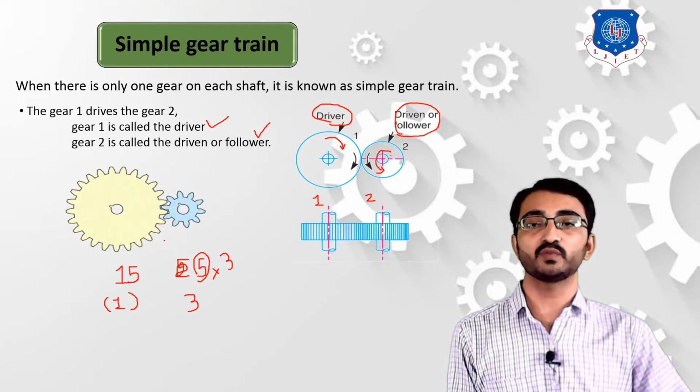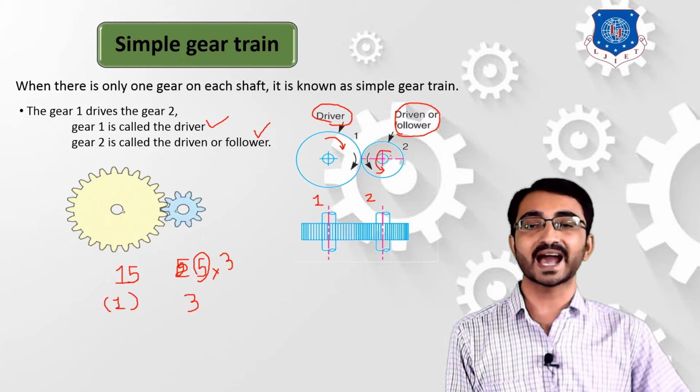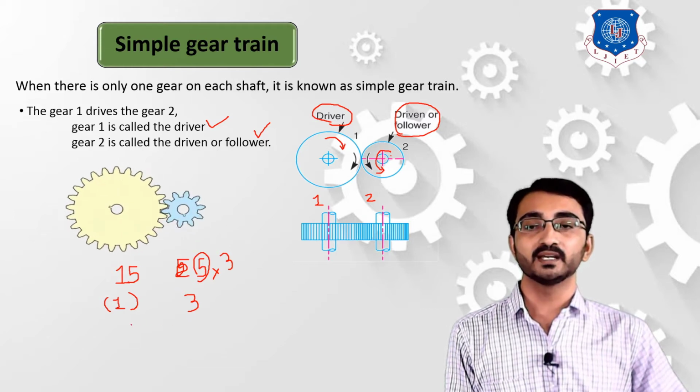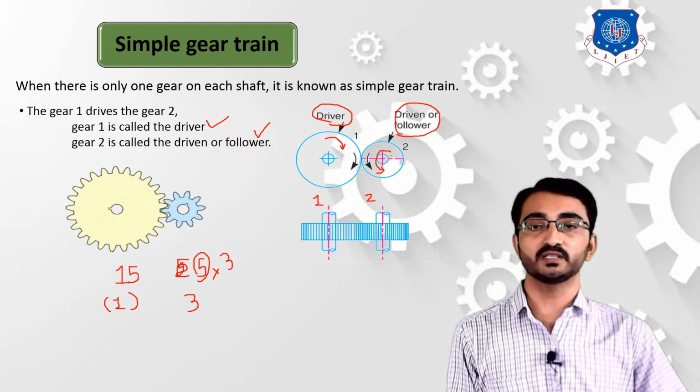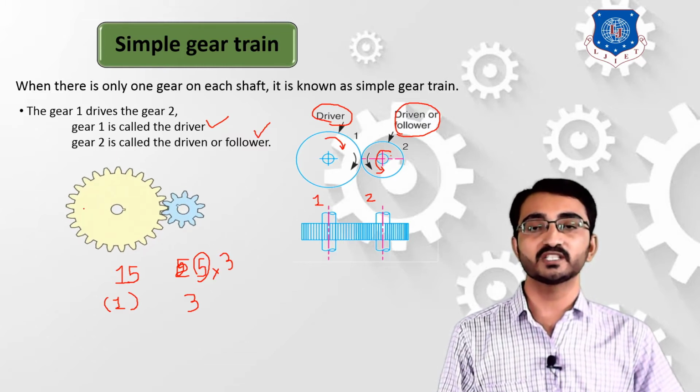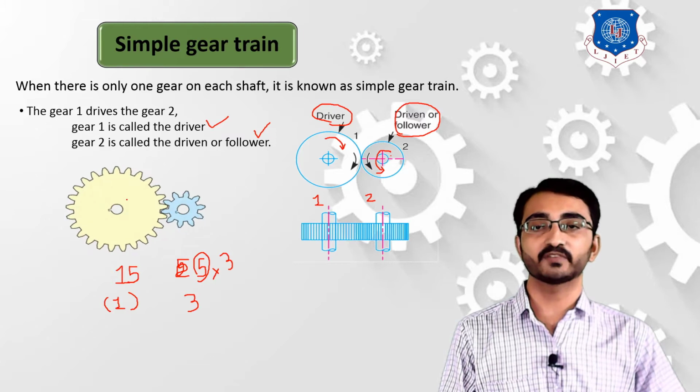In this way we have increased the RPM of shaft 2 by simply reducing its diameter. So we can increase or decrease the speed with the help of a gear train.